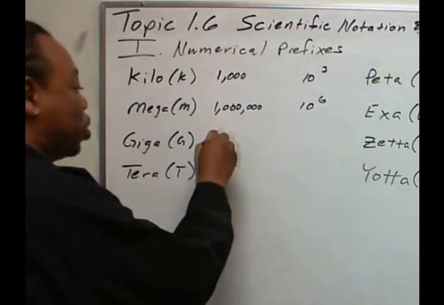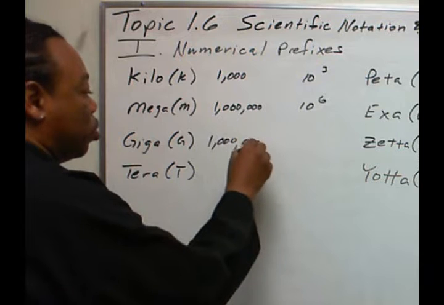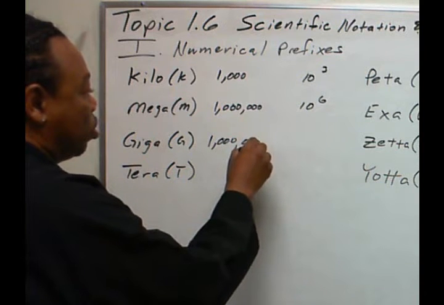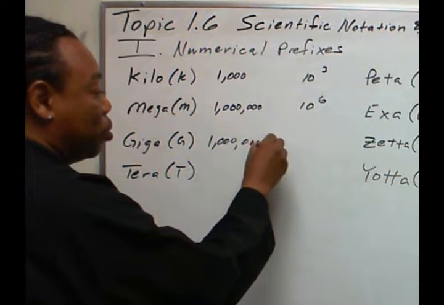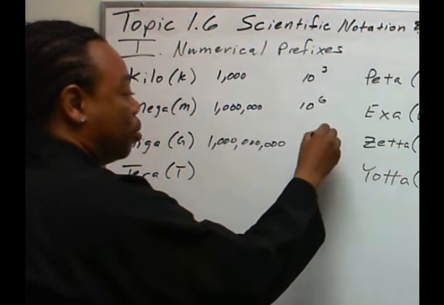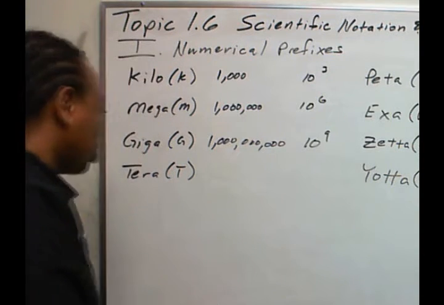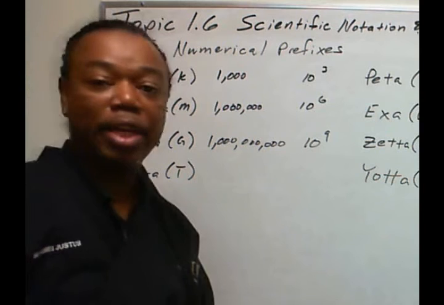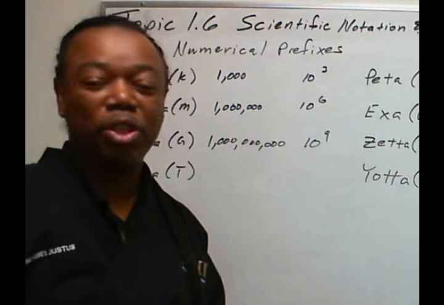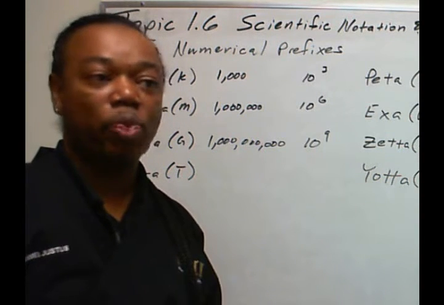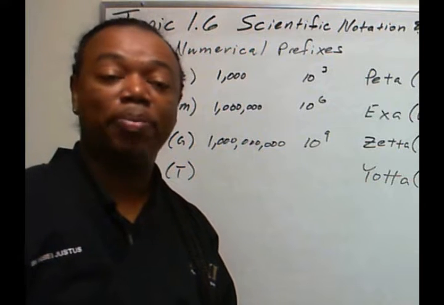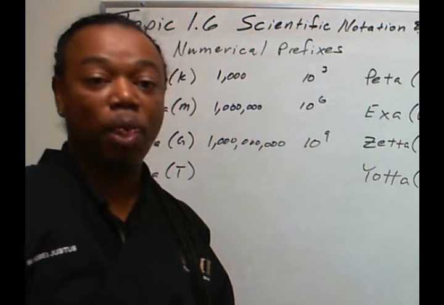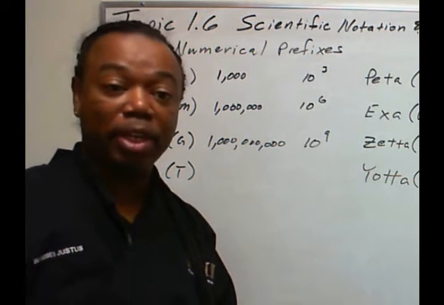Giga means 1 million. Sorry, 1 billion, which is 10 to the 9th power. We were introduced to gigas somewhere in about the year 2000s plus, when consumers were able to buy drives that held 1 billion bits of information, gigabyte drives.